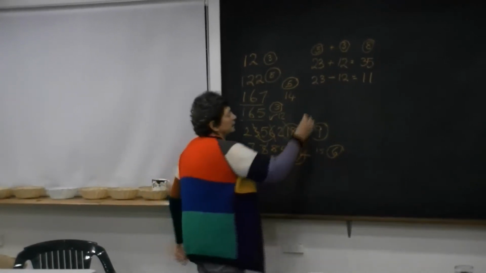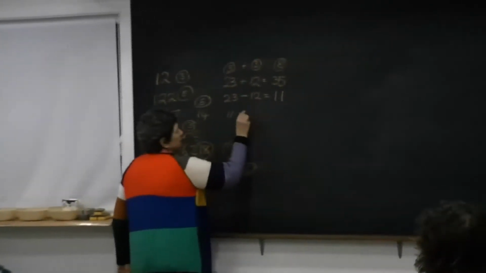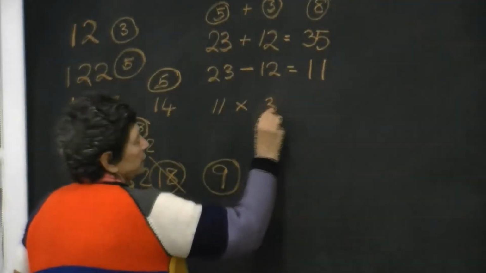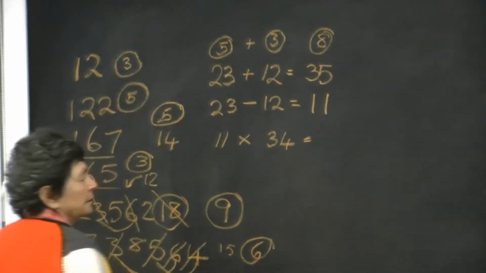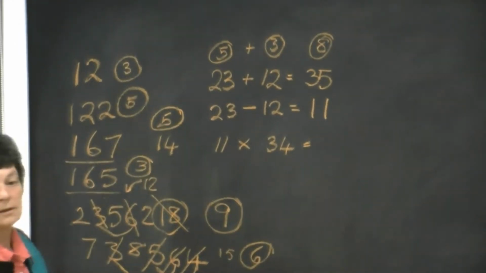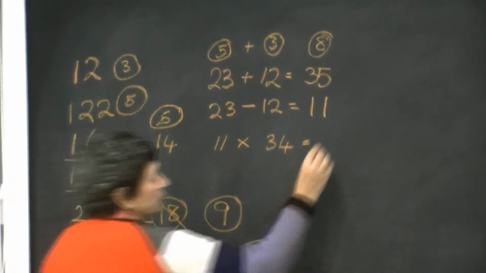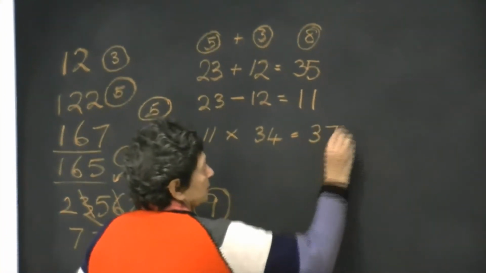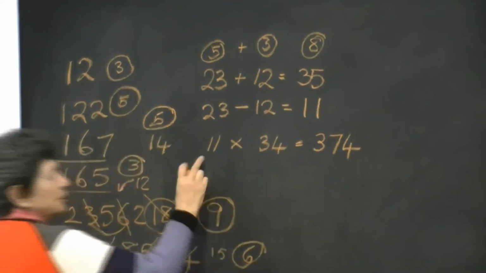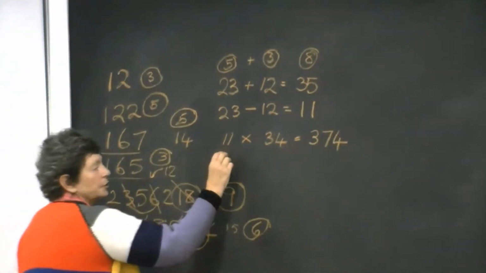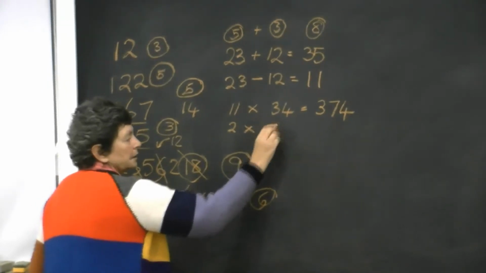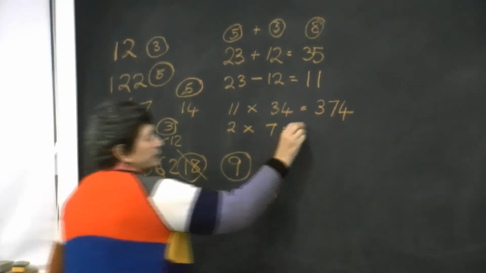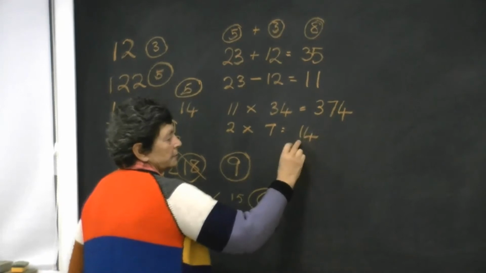Now let's say I do 11 times 34. Can you give me the answer to that, please, everybody? 374. Okay. Digit sum? 2 times digit sum 5 equals 10, which is 1... I'm just making sure how it works.